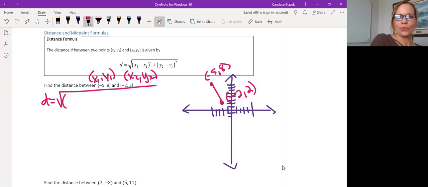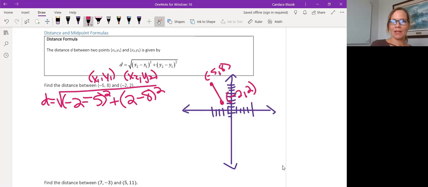All right, x2 is negative 2, minus x1, which is negative 5. And then we're going to square it, plus y2, which is 2, minus y1, which is 8, quantity squared. All right, and then we simplify.